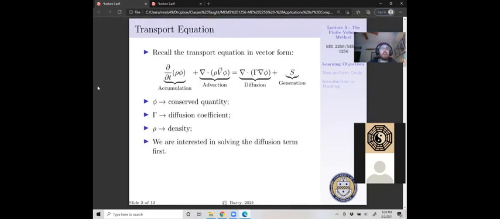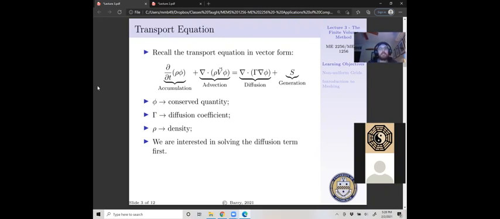Now, let's recall our general transport equation, where we had the time rate of change of our conserved quantity within our control volume, i.e. del by del t of rho phi. And this represented the accumulation of our conserved quantity phi within our control volume. Then we had advection, and recall advection was due to the motion of particles within our system. There had to be some velocity associated with this, and this is where we had the divergence of the quantity rho v phi.